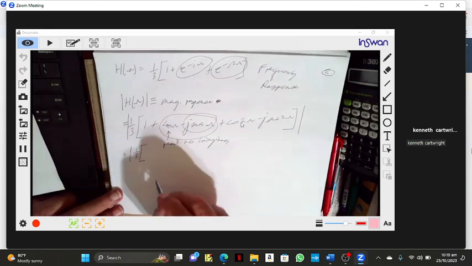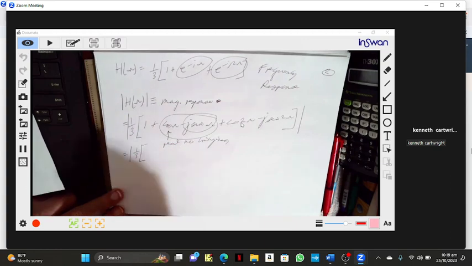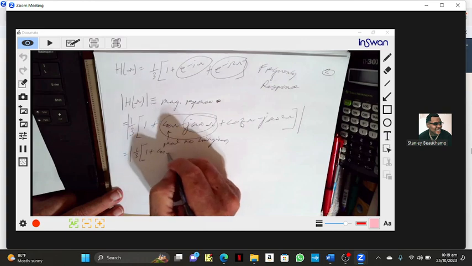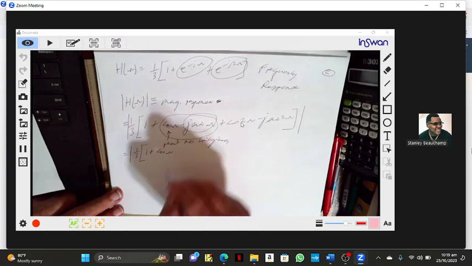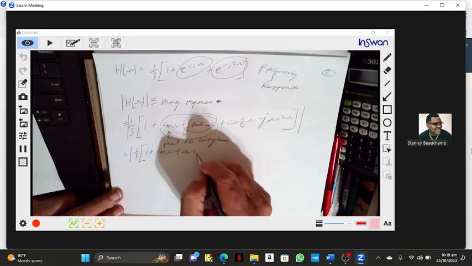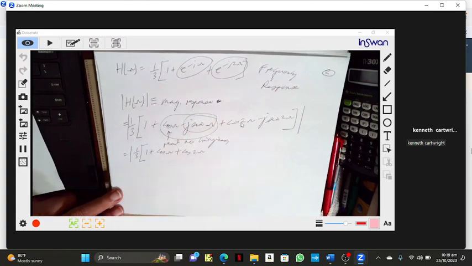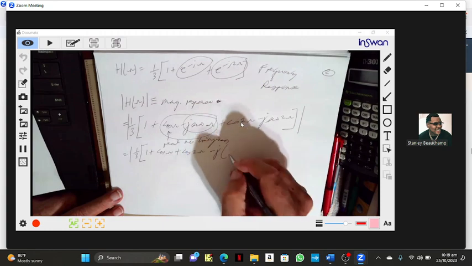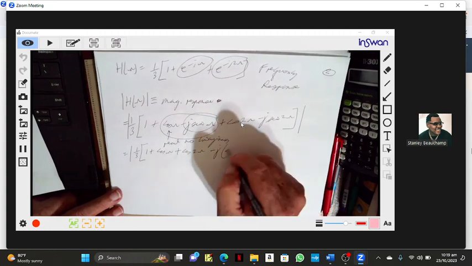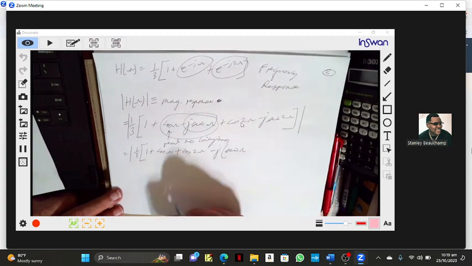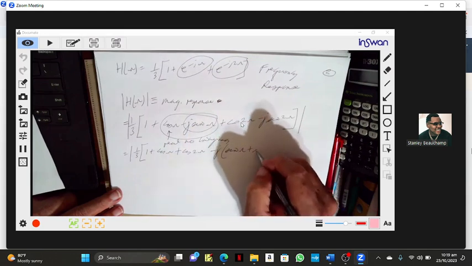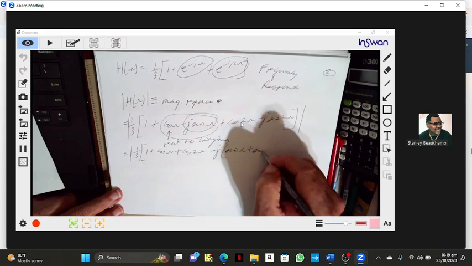So give me the real numbers: 1 plus cosine omega plus cosine 2 omega. And that's minus j sine omega plus sine 2 omega.